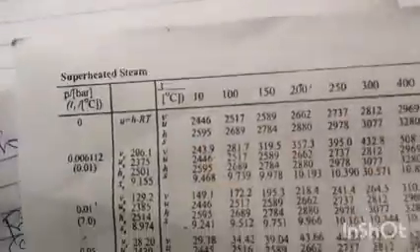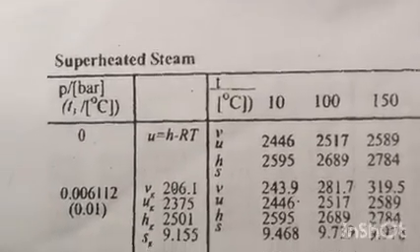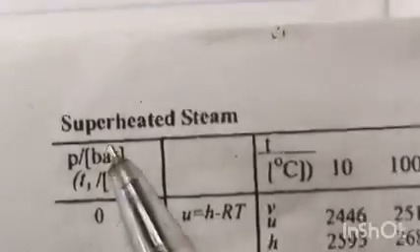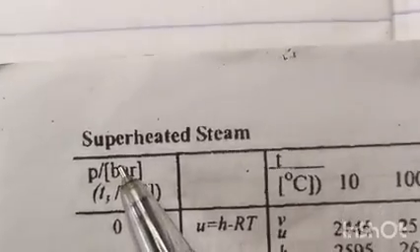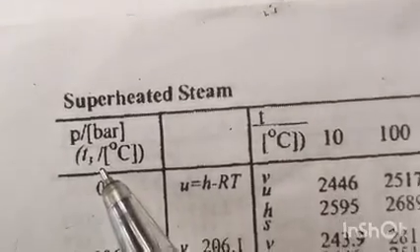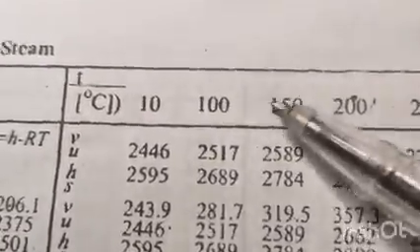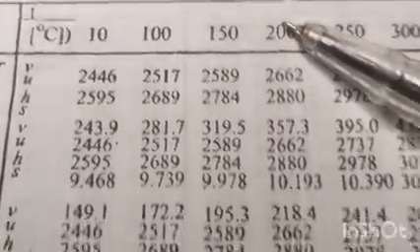Alright, so we'll go to the superheated steam table now. This is superheated steam. Corresponding to 4 bar, we have this to be 4 bar. The values on top are pressure, the values beneath are temperatures in degrees Celsius. So we have the temperature lines here, this is a different temperature range. This is 200 degrees Celsius, what we're looking for.